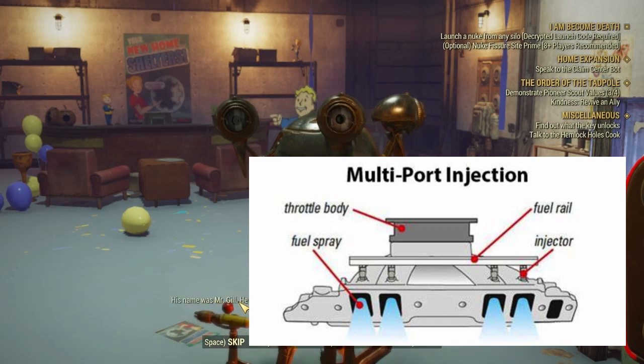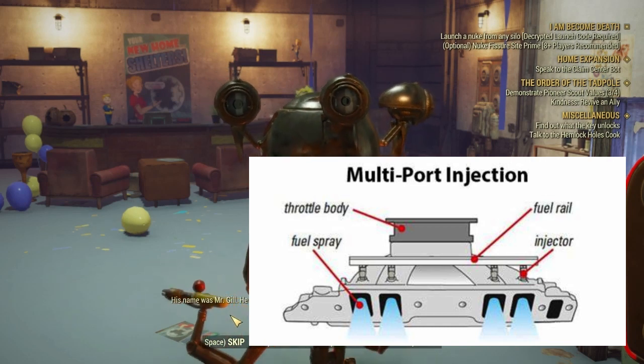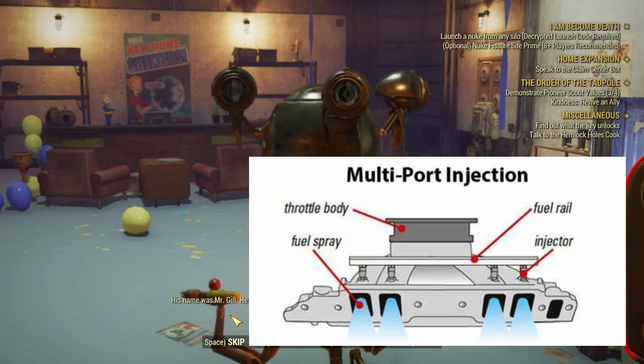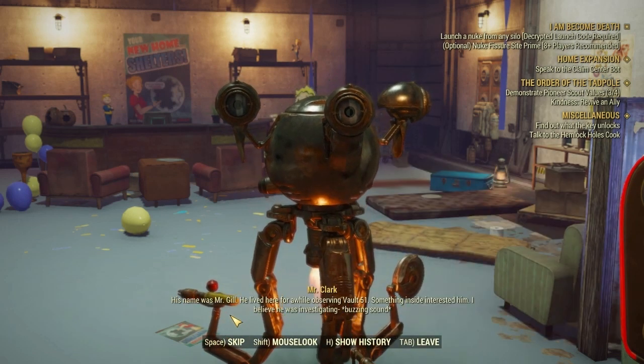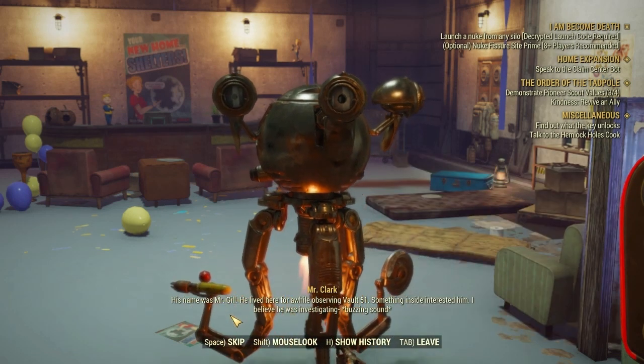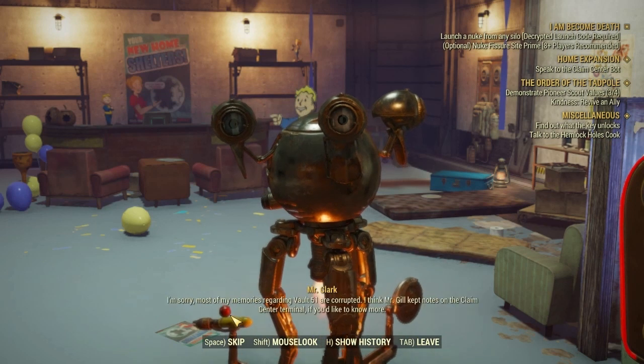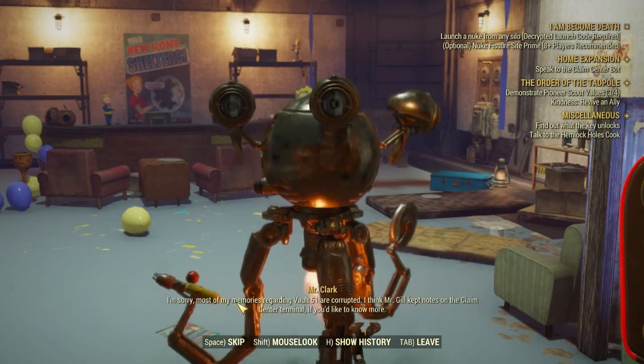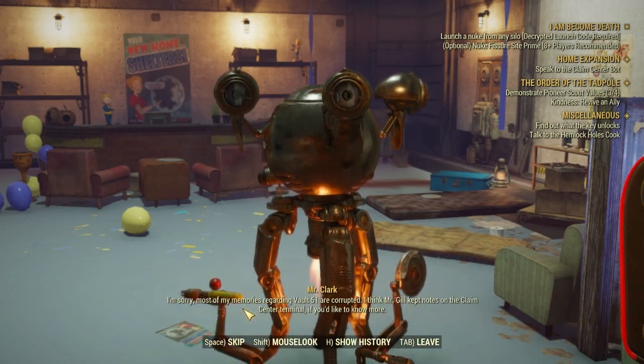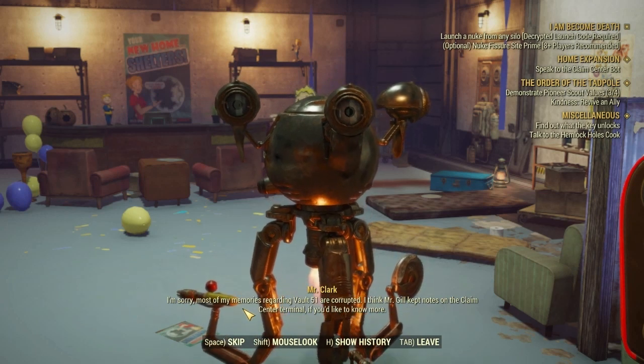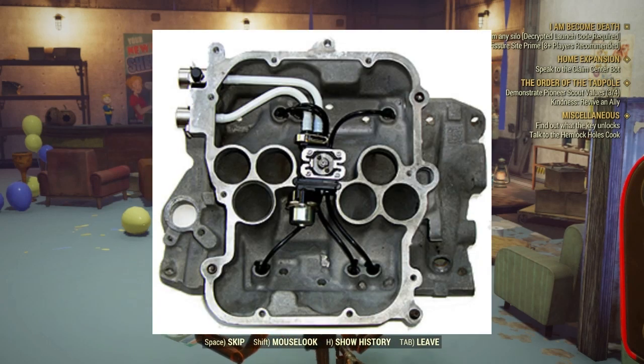There are many different ways that it happened, but engineers devised multi-port fuel injection or sequential fuel port injection. It has many different names, but the point is that it's one or more electronic injectors injecting the fuel into the intake, that piece that I mentioned before, usually on top of the valley or the V part of the engine.